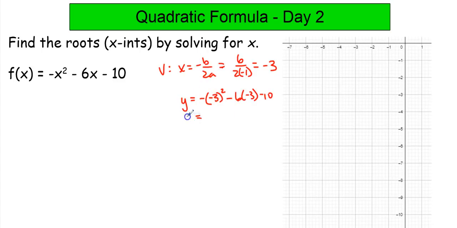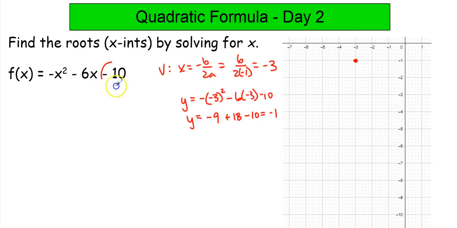So my y value is going to be equal to negative 3 squared is 9, but then negative on the outside, so that's negative 9, plus 18 minus 10. So this is a negative 9 and a negative 10. That gives me negative 19. Plus 18 gives me a negative 1. So my vertex looks like this. Negative 3, negative 1. There's my vertex.